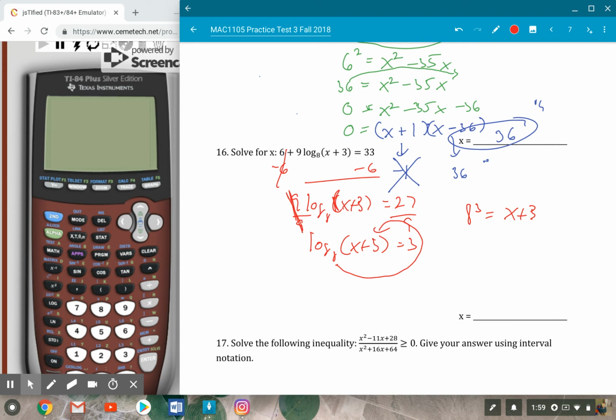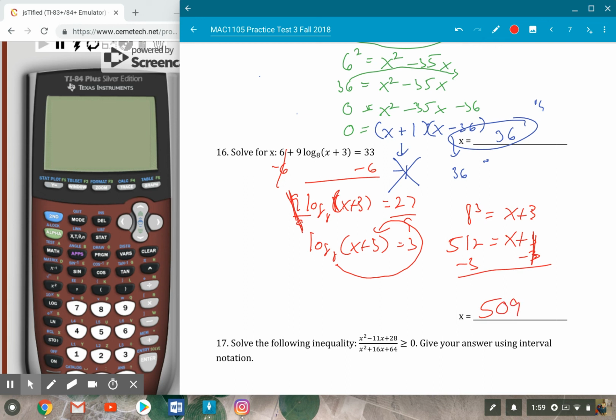Be careful here. It's not 24, but it's 8 times 8, which is 64, times a third 8. That's going to give you 512. So 512 equals x plus 3. I can take away 3 on both sides. And so I'm going to get x is equal to 509.